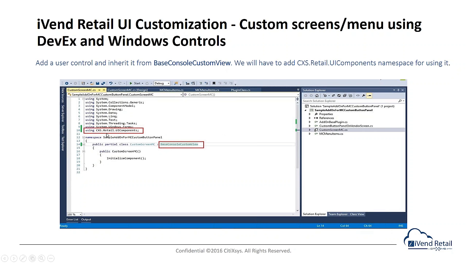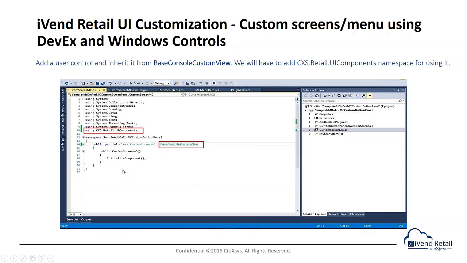This is the only important thing you need to remember, so that iVend understands that this screen is going to come inside, or rather be pushed inside, the management console main MDI window, so that it will gel into the application and you'll be able to see a screen like any other system screen. So this is going to help you there.